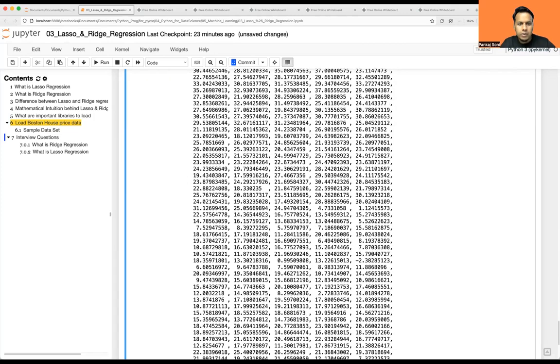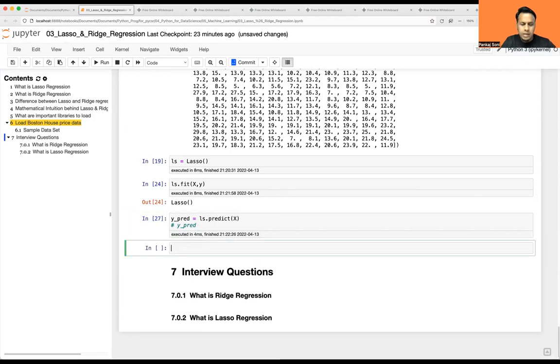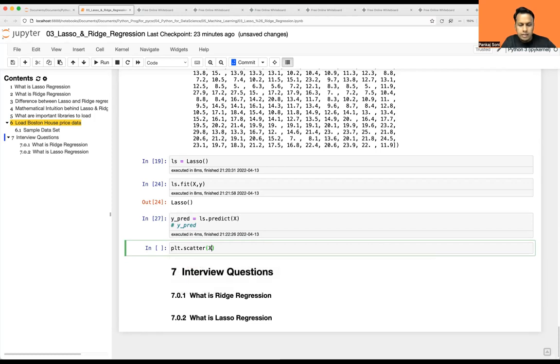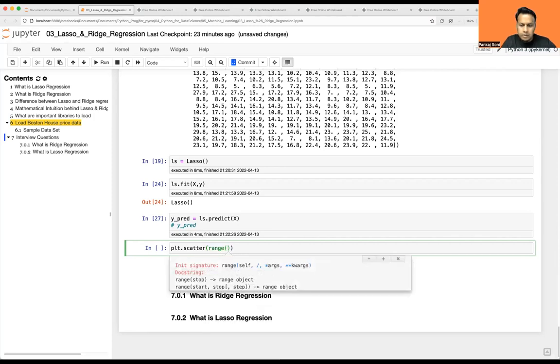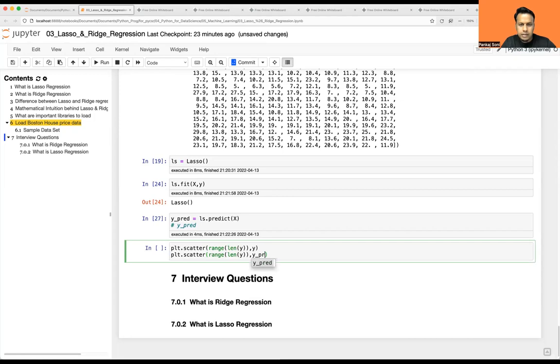I'm just going to hide this value to make the notebook cleaner. I'm going to put plt.scatter with x as range of length of y, versus y. This is my original data, and this is y_pred.